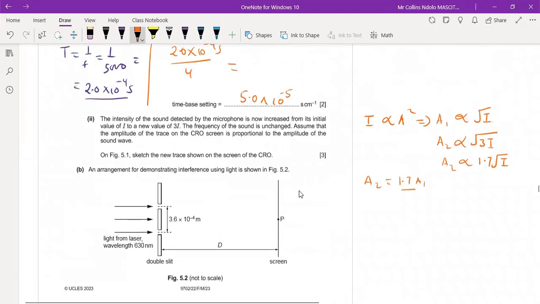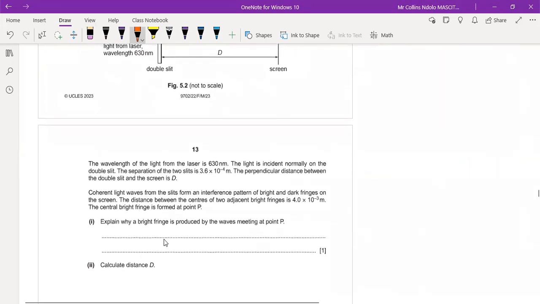So you're able to see we have the slit separation is 3.6 times 10 power minus 4 meters. The screen is here. The wavelength is 630 nanometer. Okay, the wavelength of the light is given. Light is incident normally on the double slit. The separation of the two slits is given.